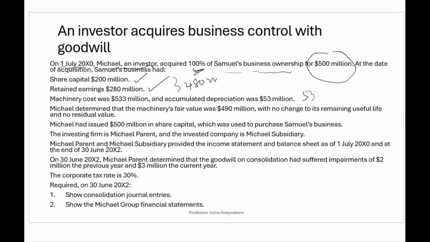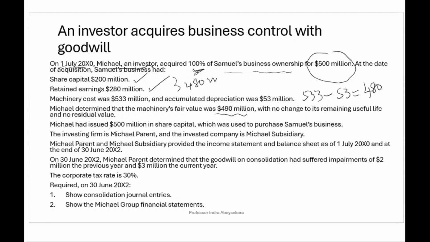For 533 minus 53 equals the carrying value of 480 that represents the shareholders' equity. Michael determined that the subsidiary's fair value of the machinery was $490 million, with no change to its remaining useful life and no residual value.